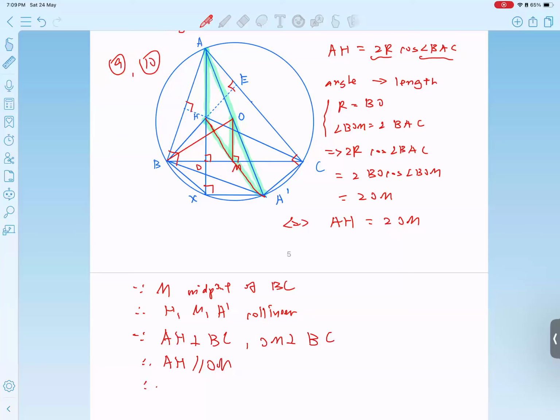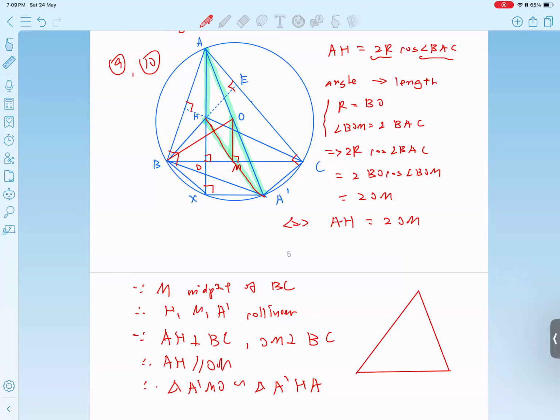And this basically means triangle A dash MO is similar to triangle A dash HA. It's also not too hard to see. Yeah, it's good in geometry to draw a sub-diagram out.